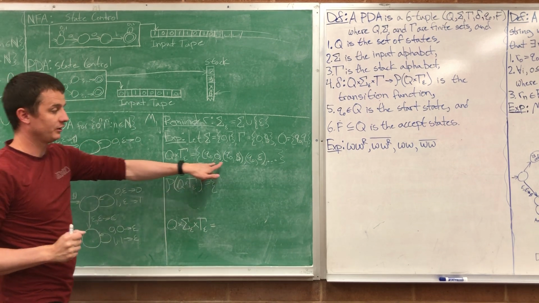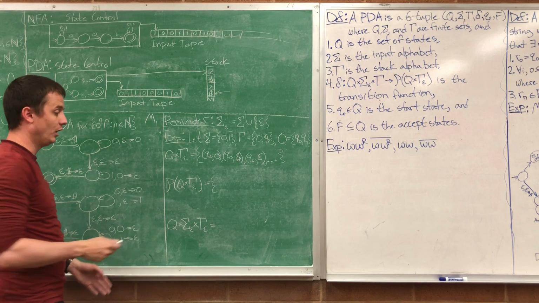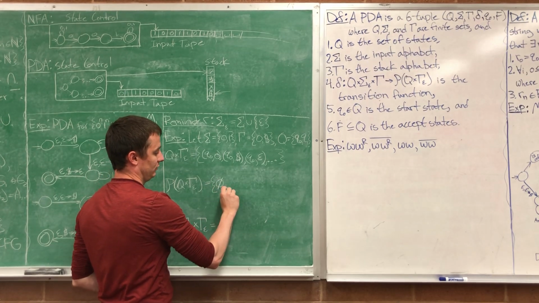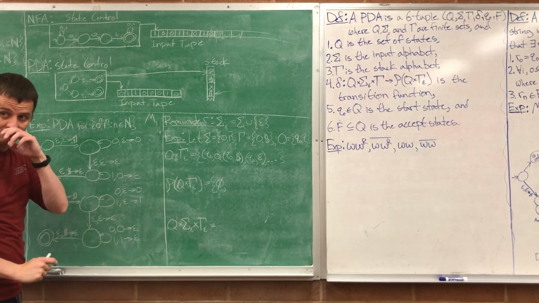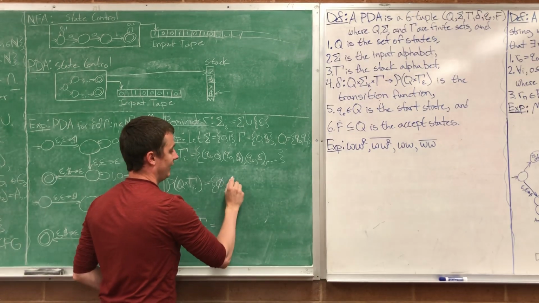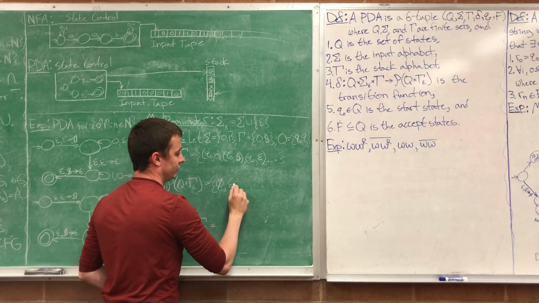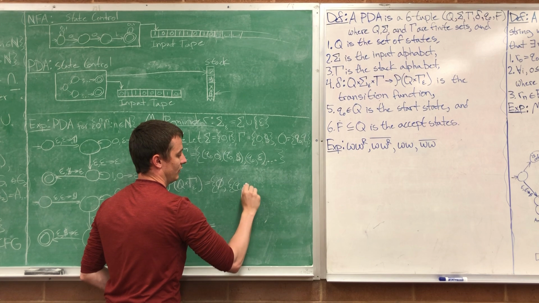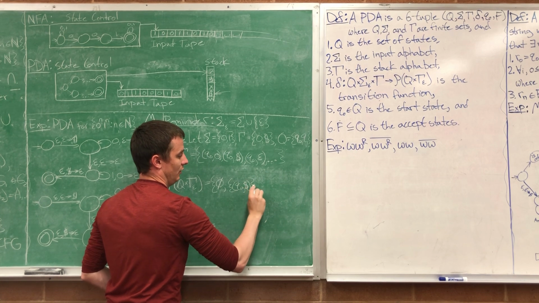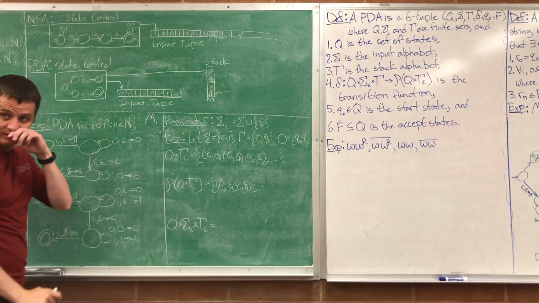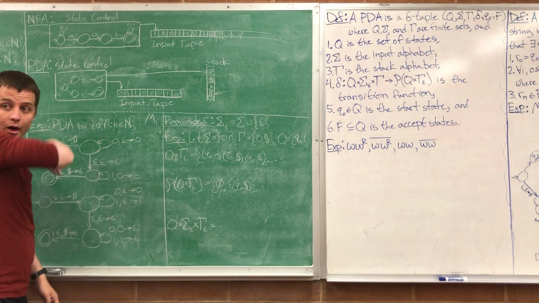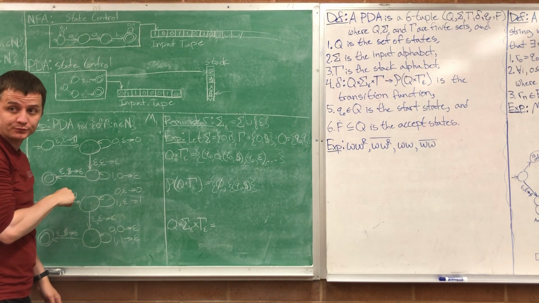What's a possible subset of this thing? Well, first off, there's the empty set. The empty set's a subset of that, right? The set that has nothing. The set that has just q naught dollar sign in it. That is a subset of that set. Right?